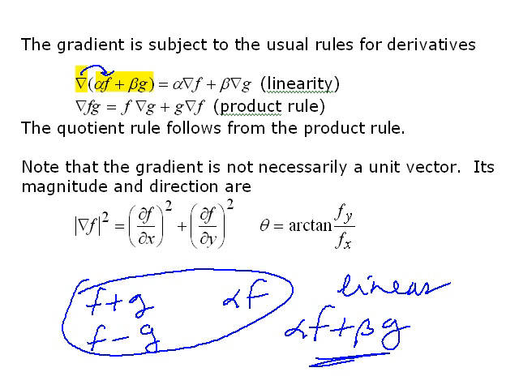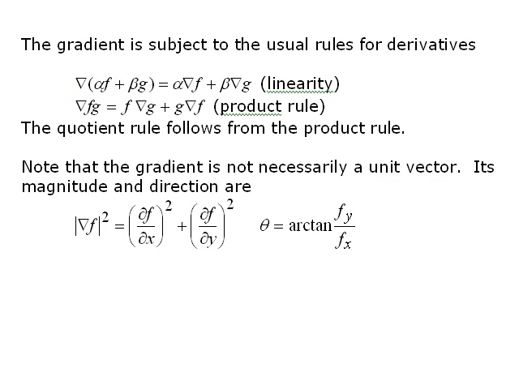The gradient, of course, is not a unit vector necessarily. It will have a magnitude and a direction, just like any vector. So its magnitude, let's look at it again. The gradient of f is fx in the i direction plus fy in the j direction. So obviously you can see what the angle is.